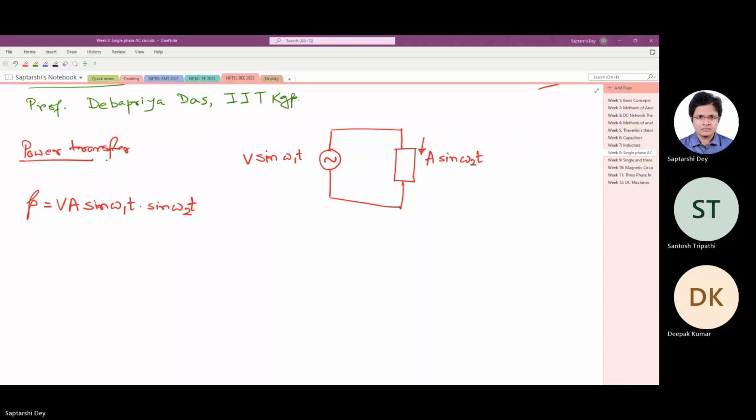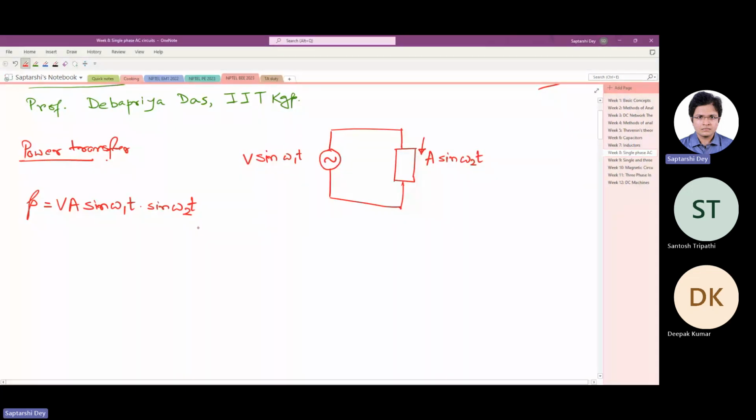So this is the instantaneous power. If you multiply this, you will get some non-zero instantaneous power.